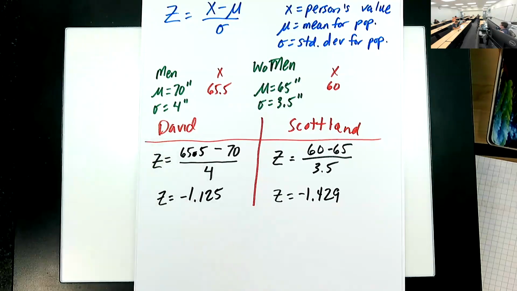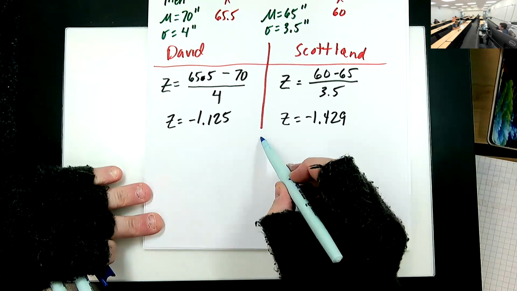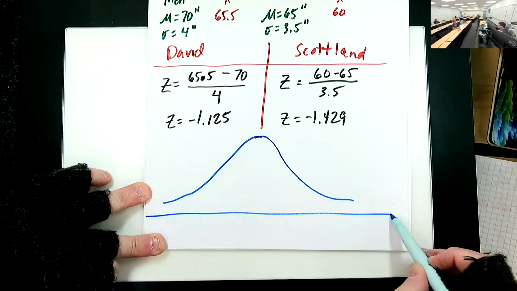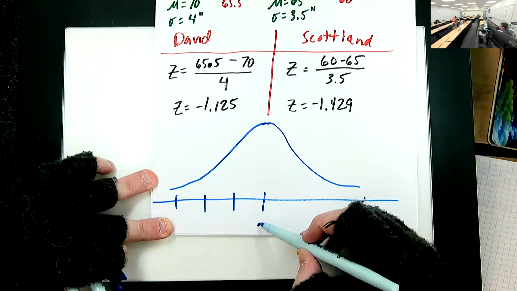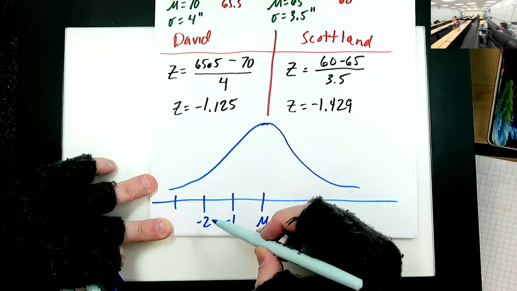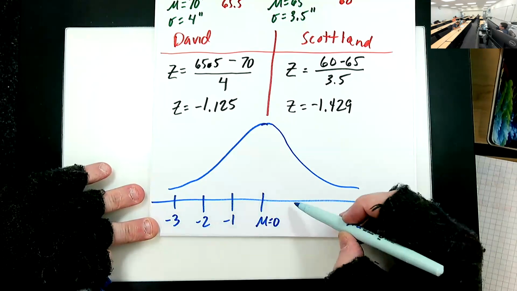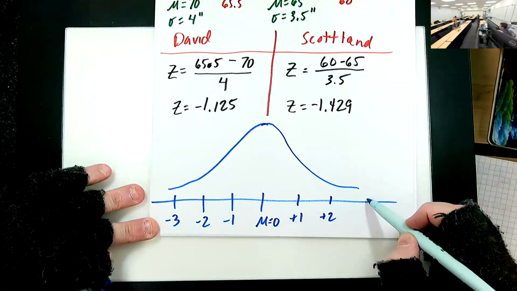Now I can put us on the same bell curve. I couldn't put us on the same bell curve before because we had different means and different standard deviations. And so they didn't match up. Now I can. On the z-score graph, these are exactly integer numbers.